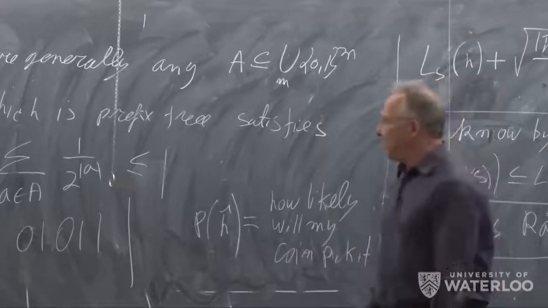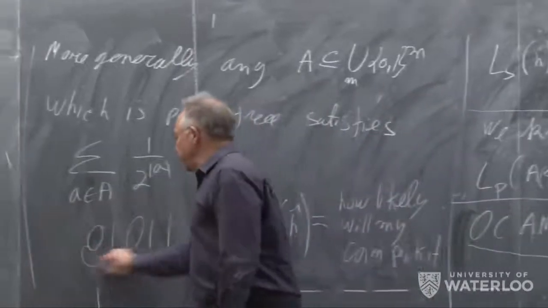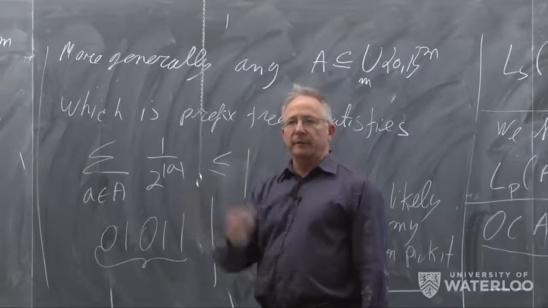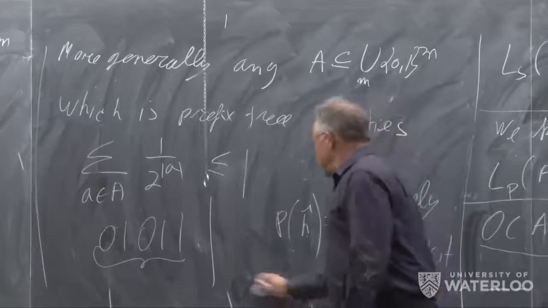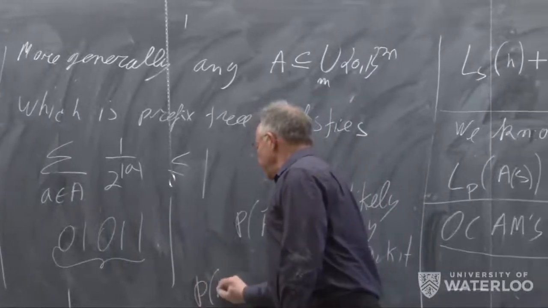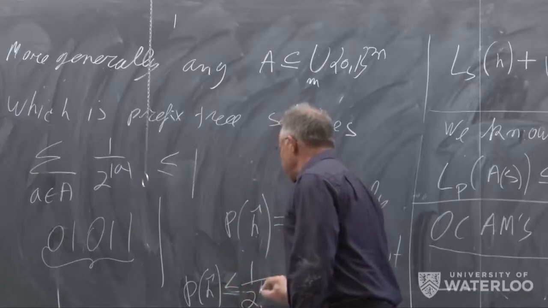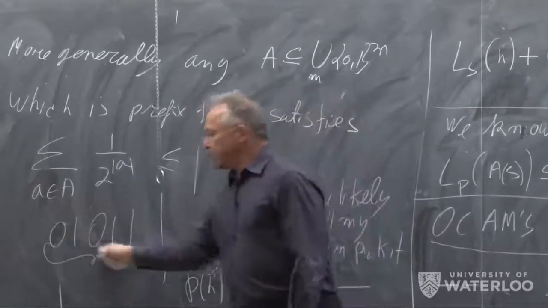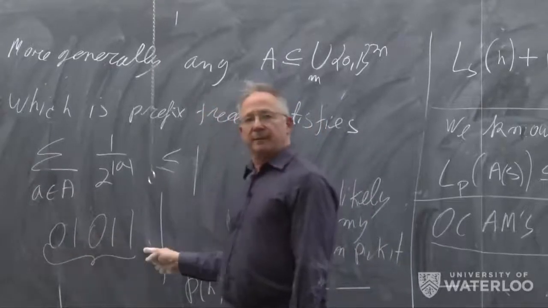Now, what is the probability of a given description? What is the probability that I'll pick it by just flipping a coin? It follows that P of h is at most 1 over 2 to the length of this description, because the probability I'll pick a sequence like this by flipping a coin is 1 over 2 to the length of it.